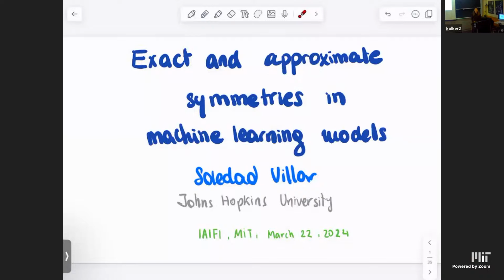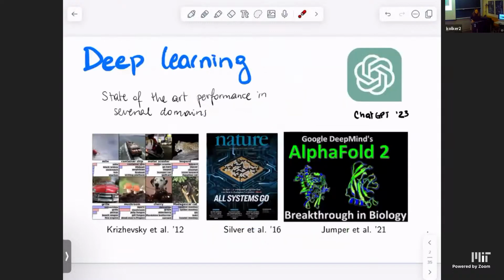So I'm going to talk about how one can use exact and approximate symmetries in different machine learning models. As an introduction, you may have seen that many breakthroughs have occurred in machine learning using large models.